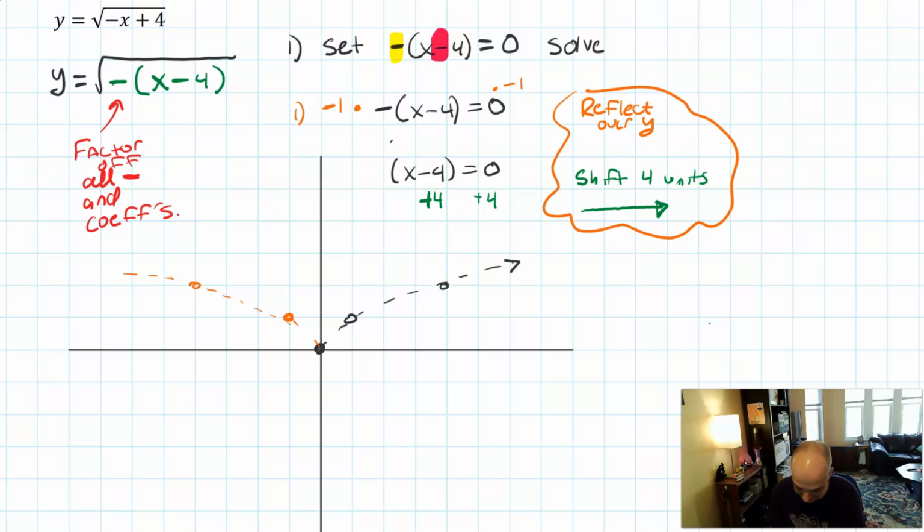And then I can just take all those points. So in this case, the mirror line was right on the vertex. Take all those points and move them over 4 units, 1, 2, 3, 4. And arrive at the same result.